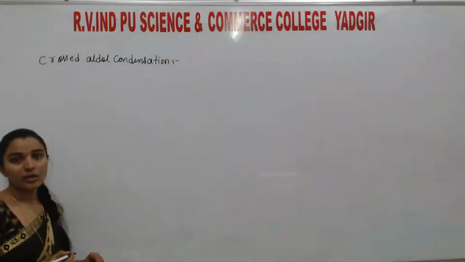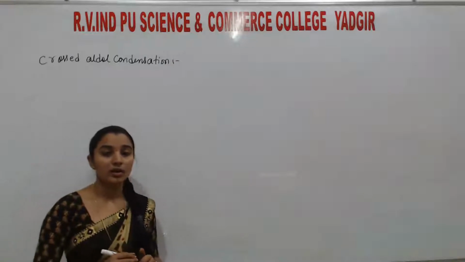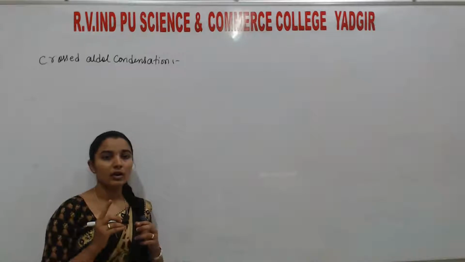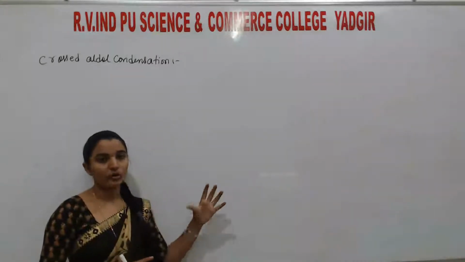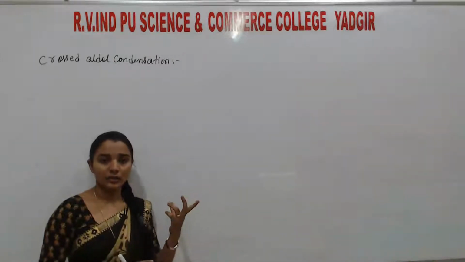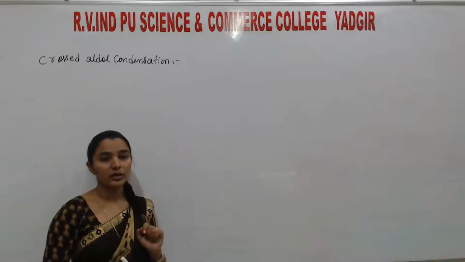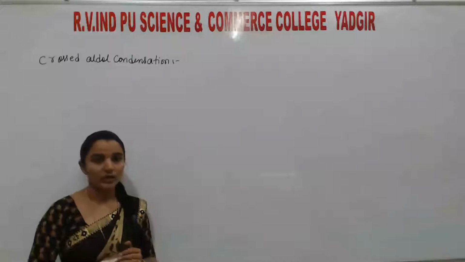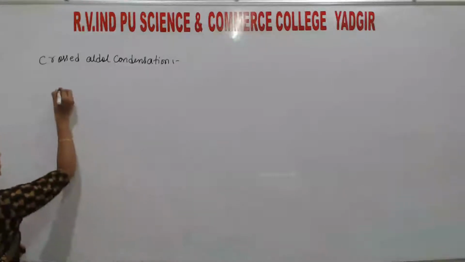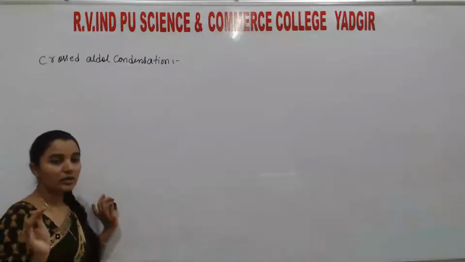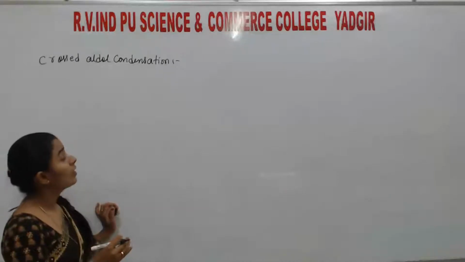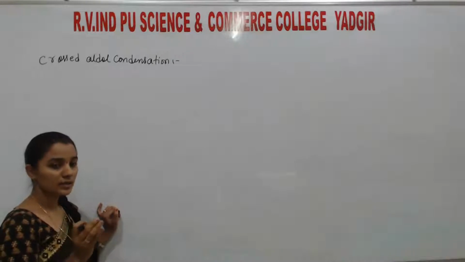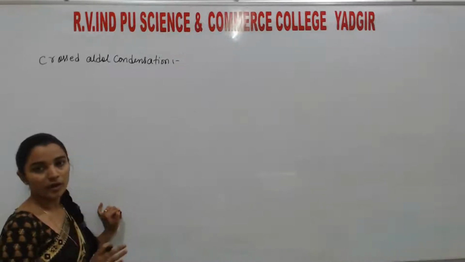Crossed aldol condensation. So initially in aldol condensation you take the same type of reactant, either both the reactants are aldehydes or both are ketones. But here in crossed aldol condensation, one reactant must be an aldehyde and another must be a ketone. Remember, the main thing is we have to choose the aldehydes and ketones in such a manner that they consist of alpha hydrogen.